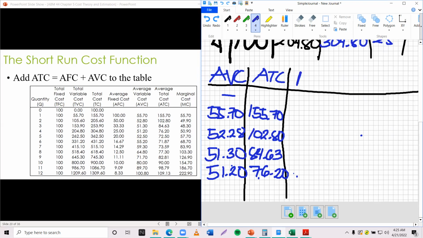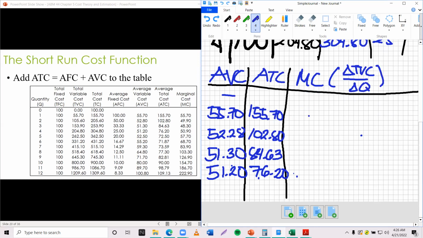The last thing we'll need to solve is our MC, or marginal cost. I'll write the formula here: change in total variable cost over change in quantity.